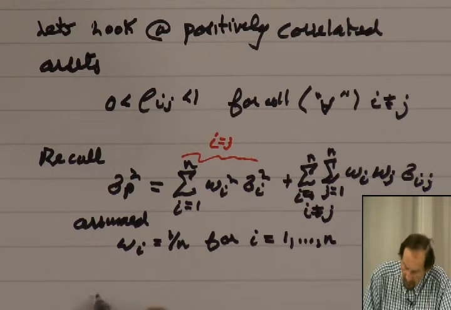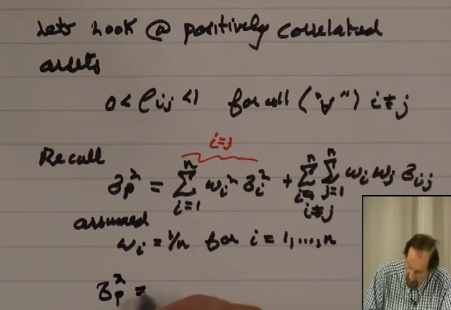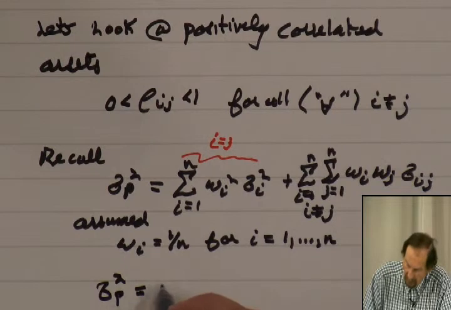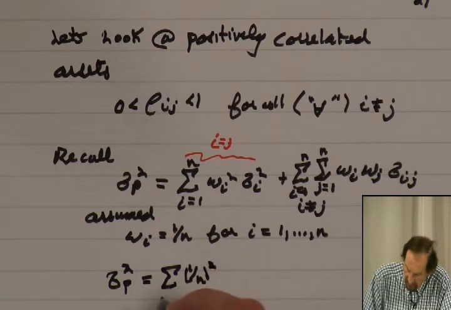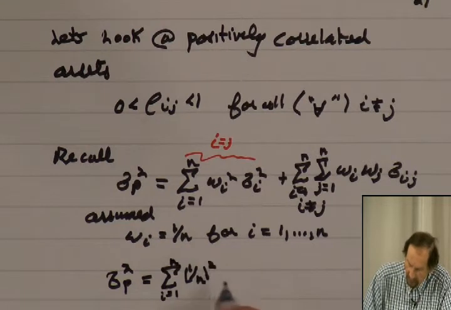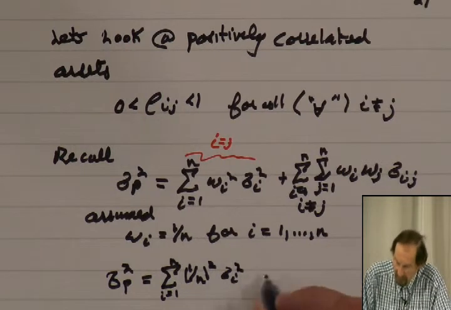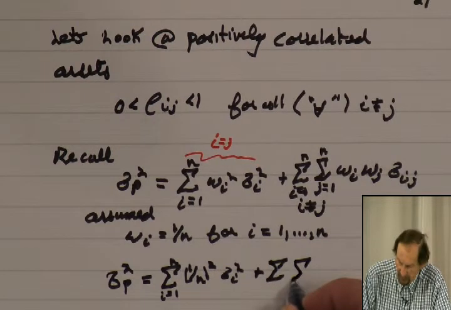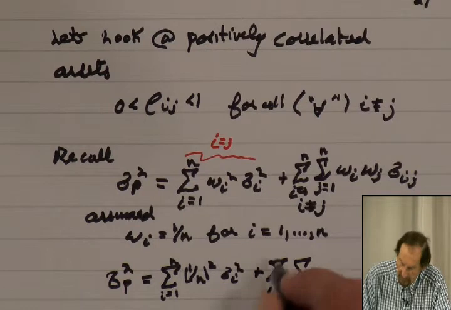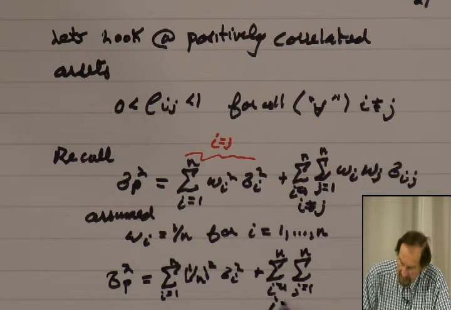So now we get sigma p squared, the portfolio variance, equals the sum of 1 over n squared, i equals 1 to n, sigma i squared. Plus, we have this double summation for i not equal to j, i equals 1 to n, j equals 1 to n.